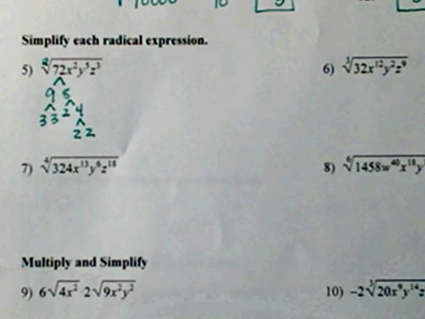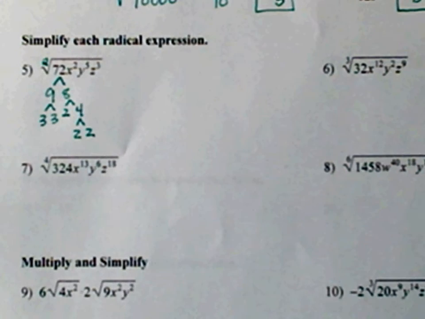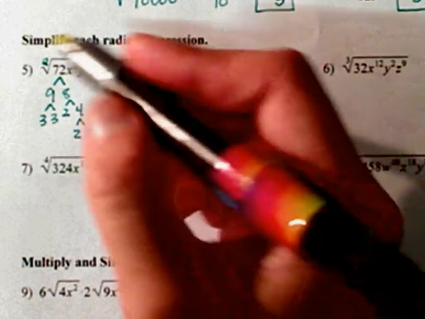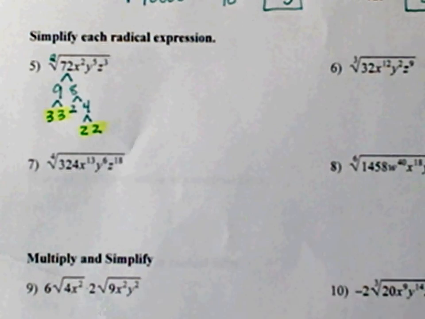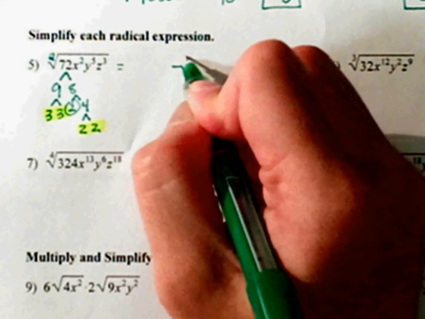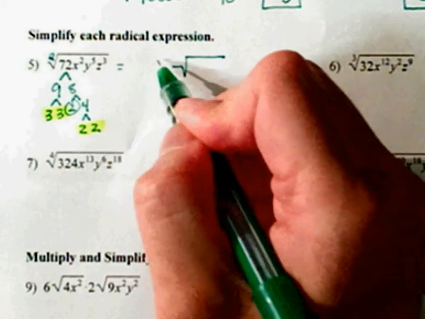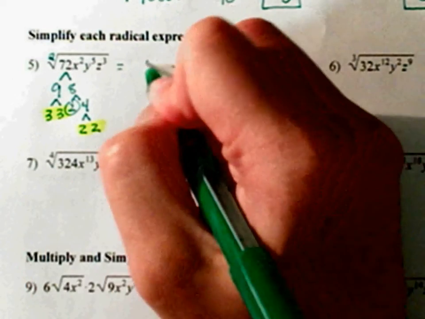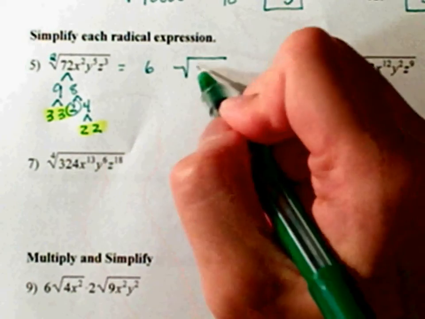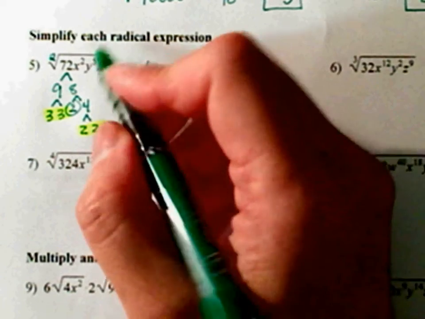Okay. You are looking for 2 of a kind. I got 2 of a kind right there, and I have 2 of a kind right there, with a 2 left over. So go ahead and draw your radical sign. Leave some space in the front for your coefficient. 3 times 2 is 6, okay, with a 2 left over. Look at your x.